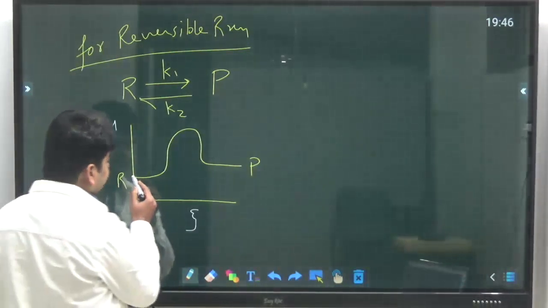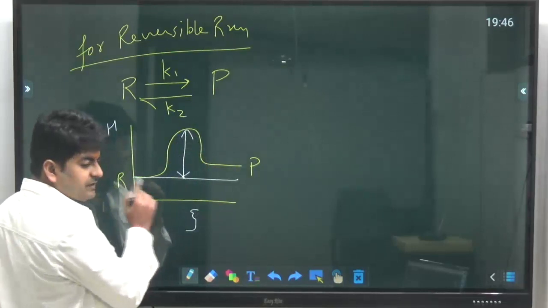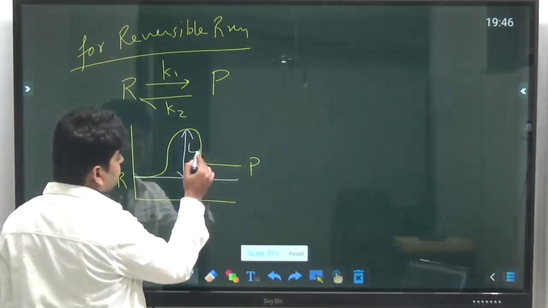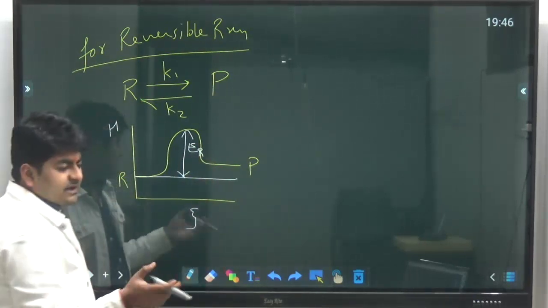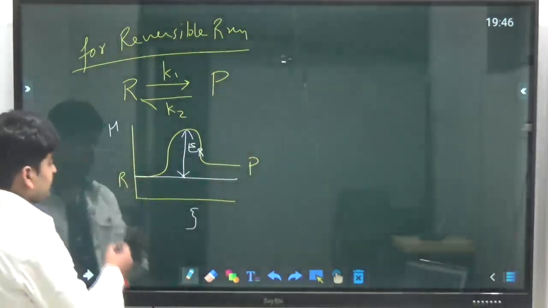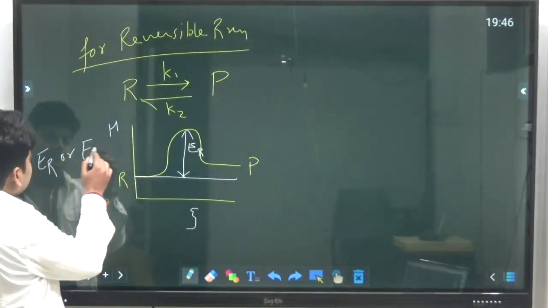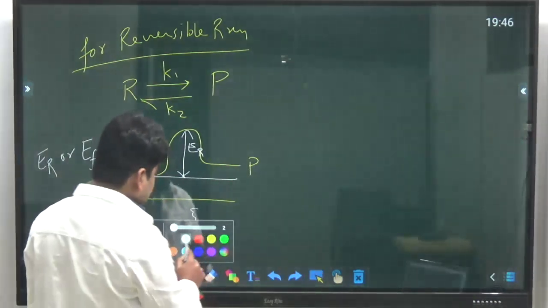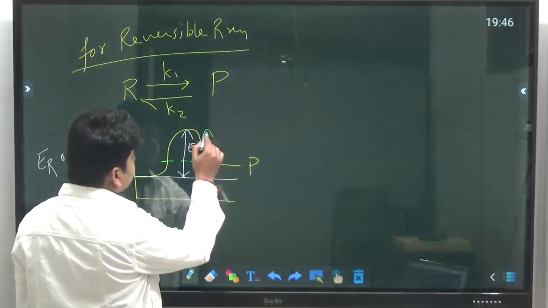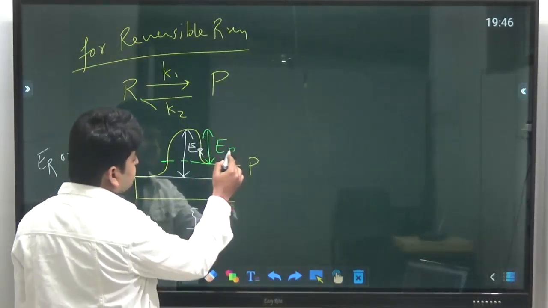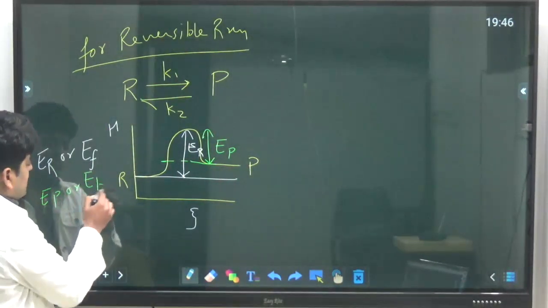You can see this is the activation energy for reactants, let's say ER, or you can say activation energy for forward reaction, EF. This is the activation energy for products, or you can say the activation energy of backward reaction.